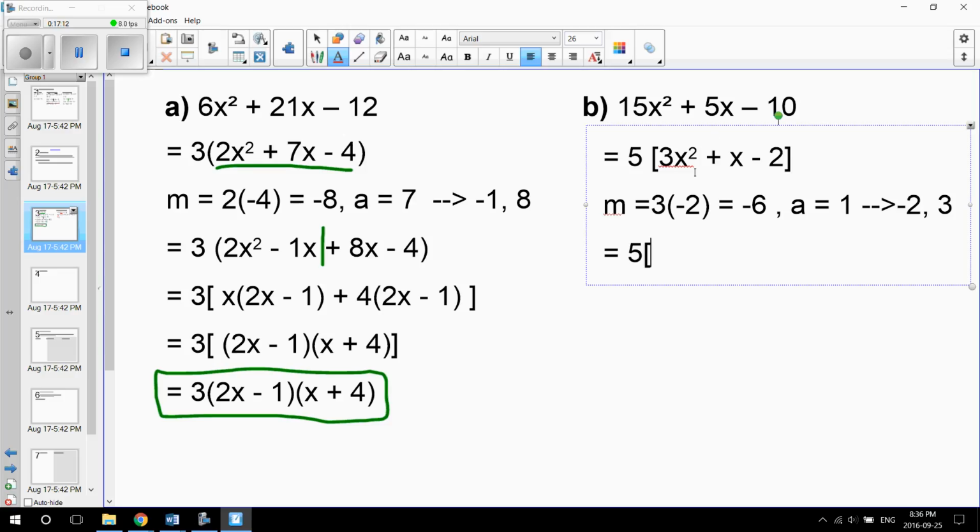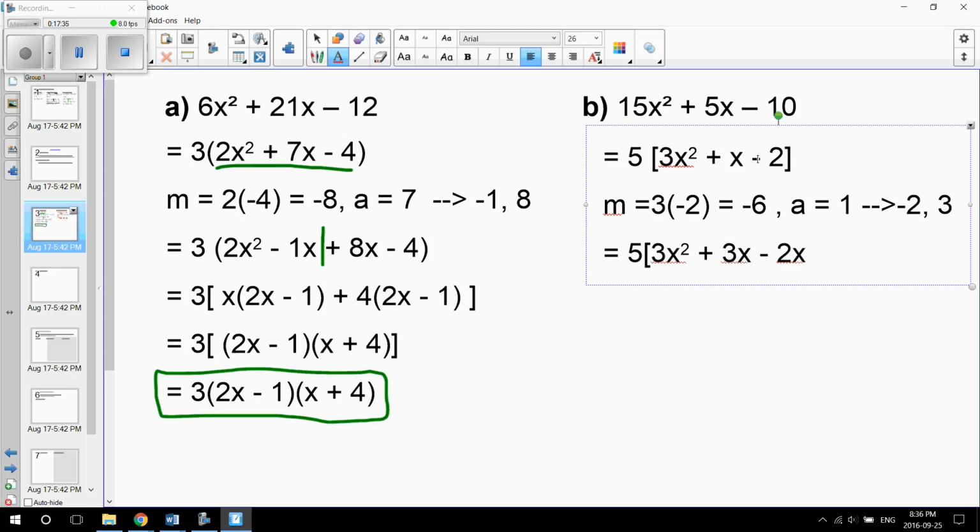We can rewrite our equation here inside the brackets, but we're splitting up that middle number. So we have 3x squared. And now we're going to put in our two numbers. So I'm going to do plus a 3x and minus a 2x.